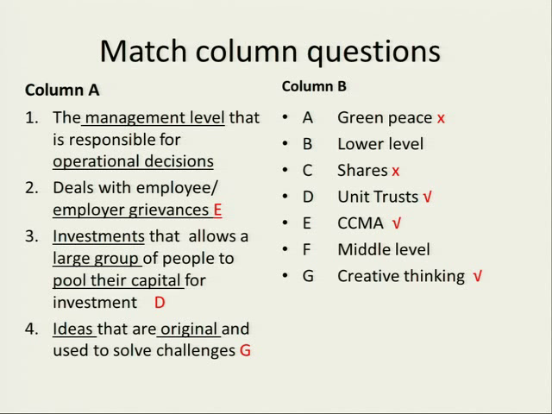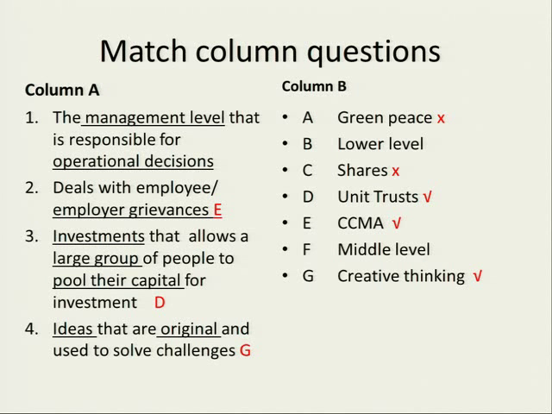So shares are the wrong answer in this instance, and unit trust is where people combine their investments in a pool. A large number of people put their money together to obtain a larger return. So the correct answer in this instance is number D, unit trust.